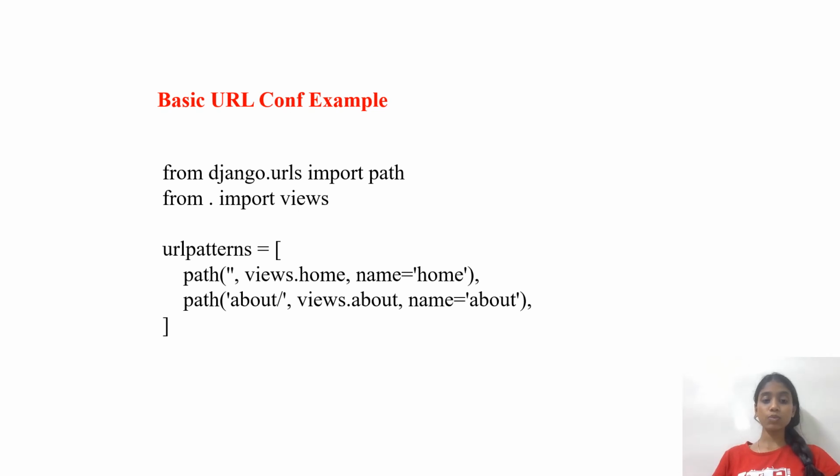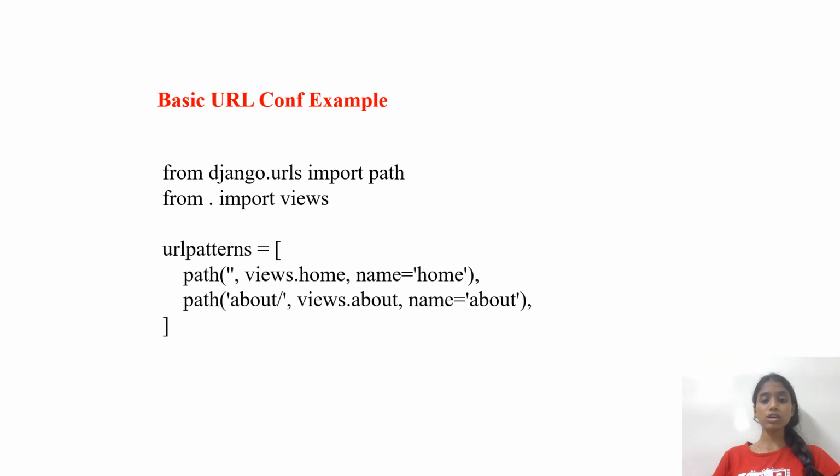So we have the urlpatterns list. As we know, a list in Python is represented using square brackets. We add the urlpatterns list, and we have the path for views.home and views.about. Views is nothing but the Python file which we have created for what the user sees. From the views, we are also importing the home function and the about function.